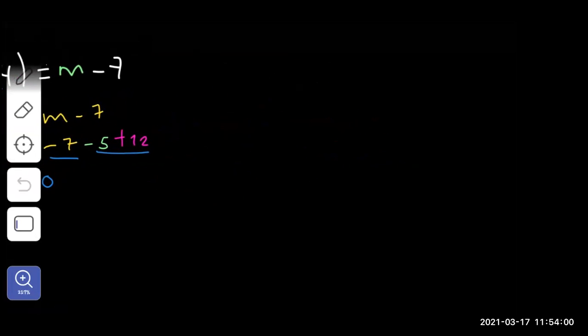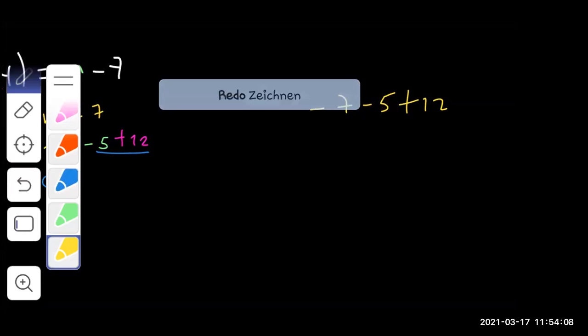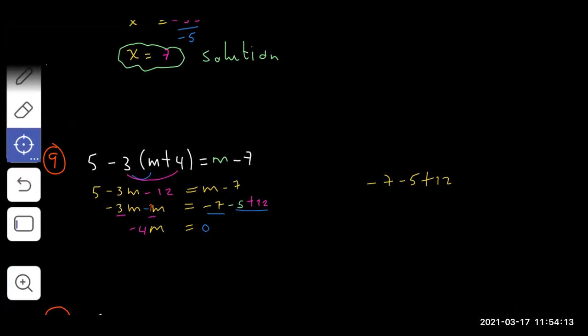A student asks: Mister, I don't know where you get the number. What do you divide or subtract, or what is this negative 12 on this side? Your goal is to have the variables, the letters, on one side, and the numbers on the other side. In this case, this negative 3m, I just got it down. Do I have another m? Yes, there is an m here on the right side. I move it and I change the sign.